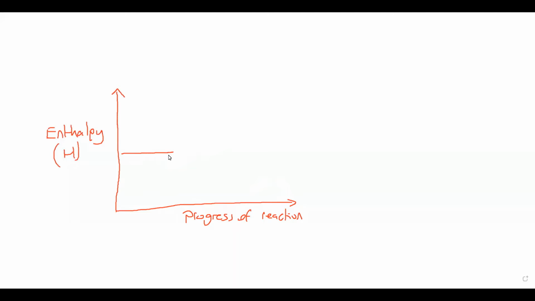And this starts the reaction by getting the reactants into an unstable intermediate state. In order to do that, we need to give them energy to break their bonds. And then once the bonds are broken and they are in this reactive state, then the reaction can actually occur and we can move to our products.